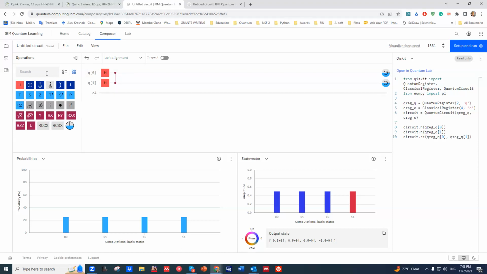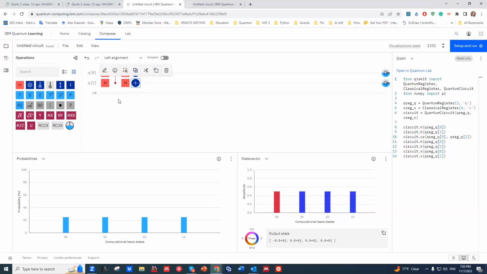So what is next? 2 Hadamards here. We can see nicely how the states change when we apply the gates. So next is the Z gate here and here.